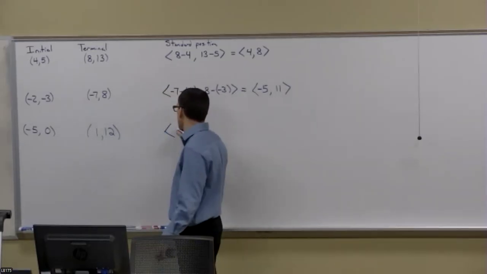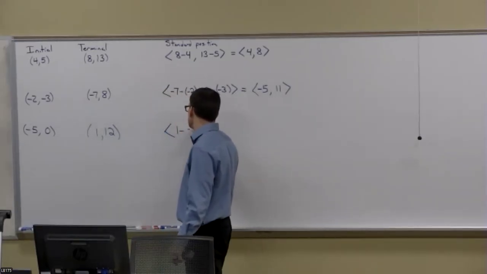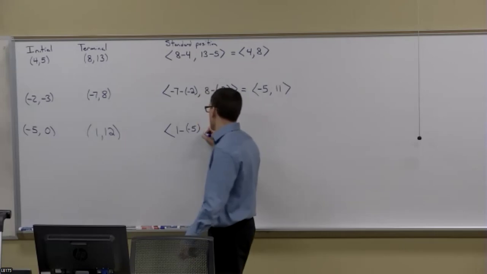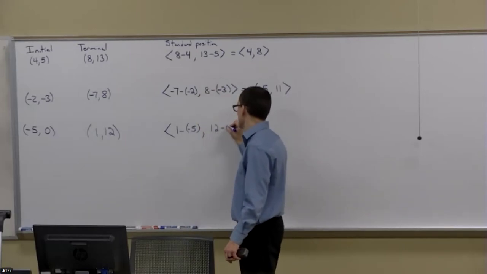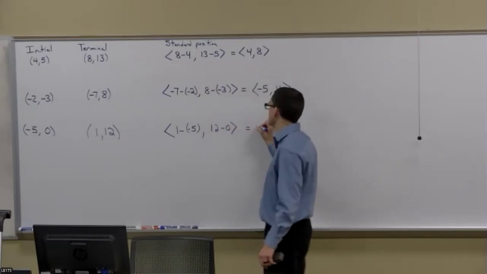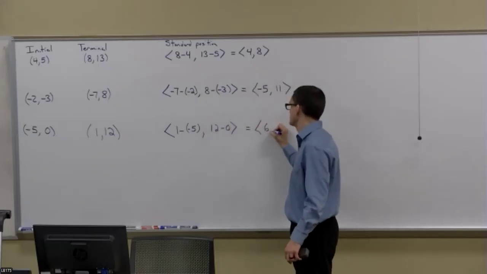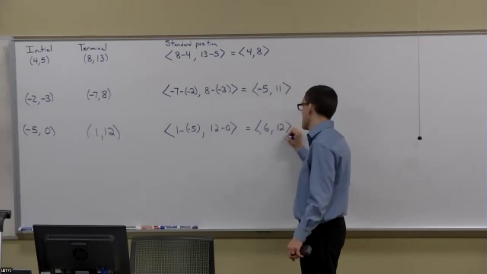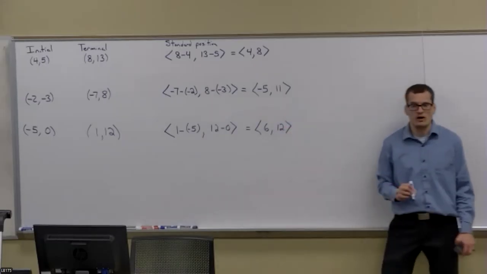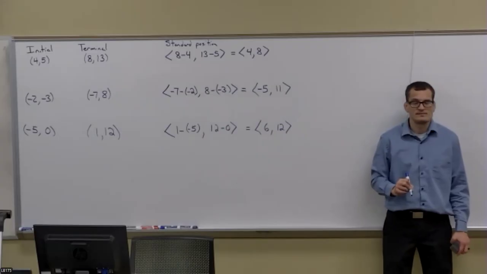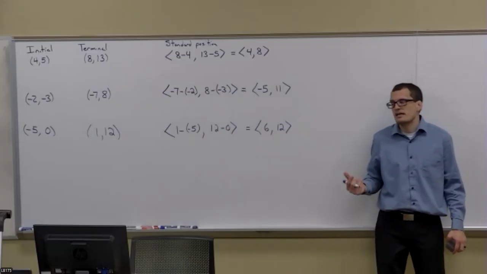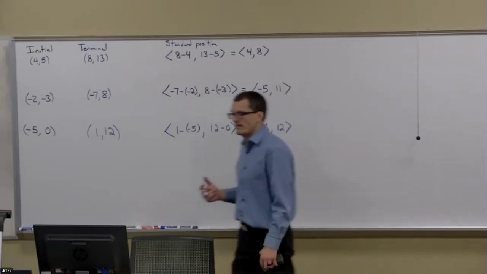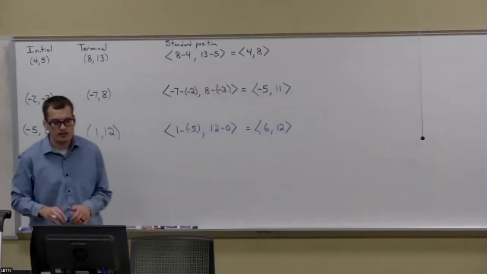Same thing here. 1 minus -5. 12 minus 0. So we get <6, 12>. So those are the three vectors in standard position.